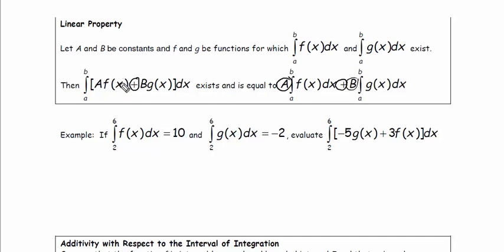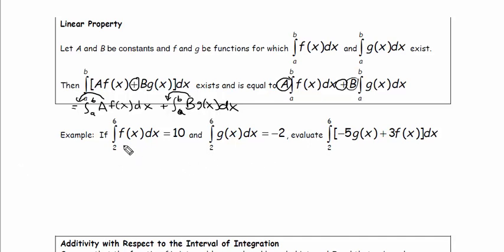So you split this integral up into a f of x dx and then b g of x dx, and then you brought the a out in front of the first one and the b out in front of the second one. Right? That's why I really didn't want to read that additive property to you now, because I feel like this is something that you all can figure out.